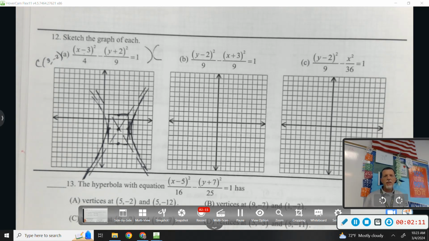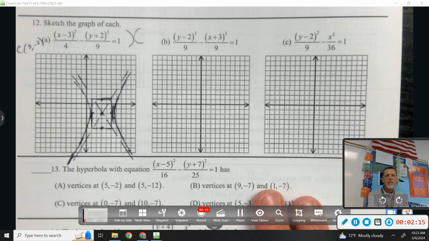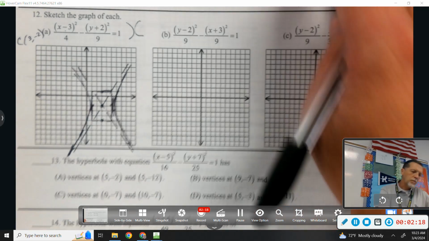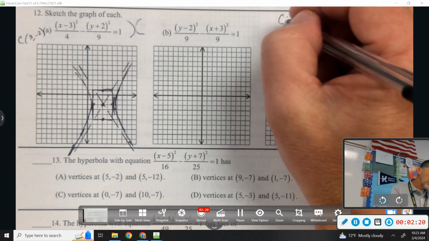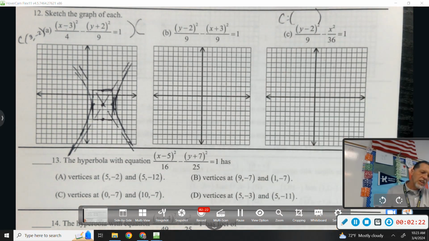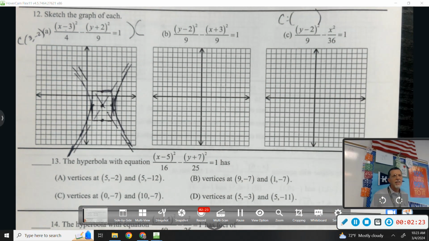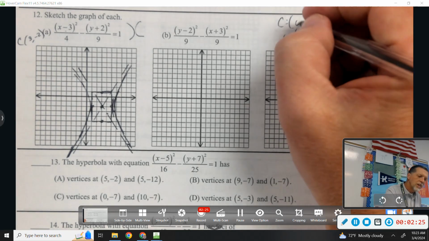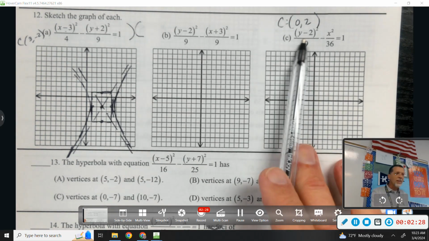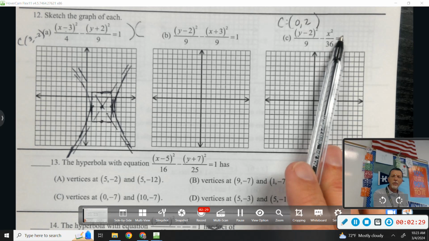Let's skip B and go to C, just to save some time here. How about the center for C? 0, 2. Good. You've learned to pay attention to x and y. Don't just read them off in order. So 0, 2.